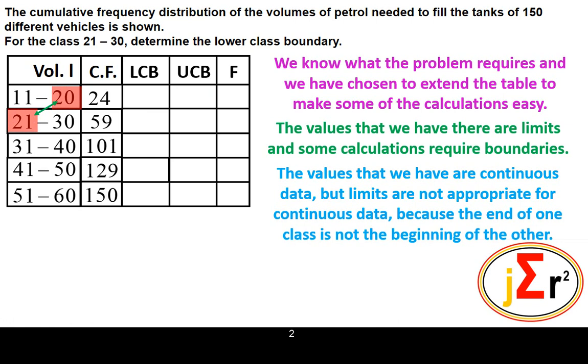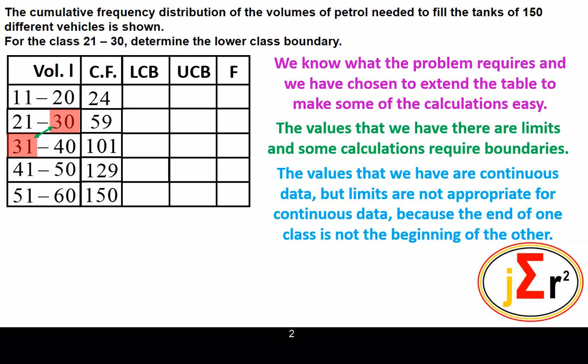So we see that what we have here: one class ending at 20, the other one beginning at 21. They are not equal. We have one class ending at 30, the other beginning at 31. 30 is not equal to 31.